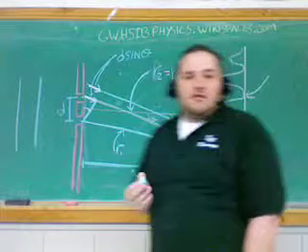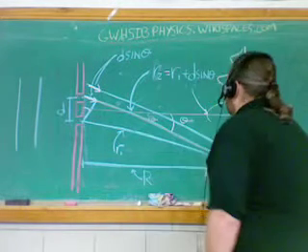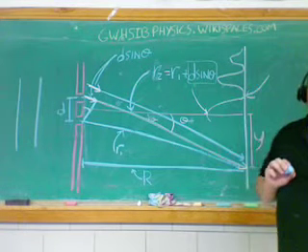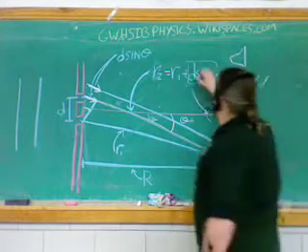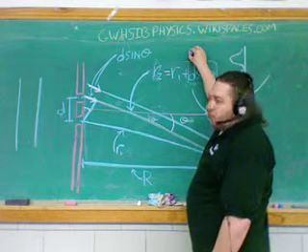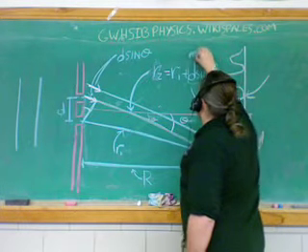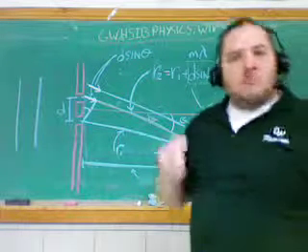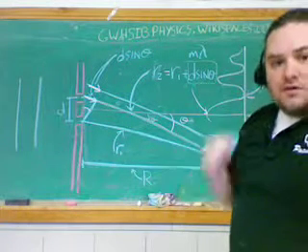So in order to get constructive interference, what does the length of d sine theta have to be? Well, that length has to be some number, and we're just going to call it m, times the wavelength. And what I mean by some number, I mean some integer. 1, 2, 3.